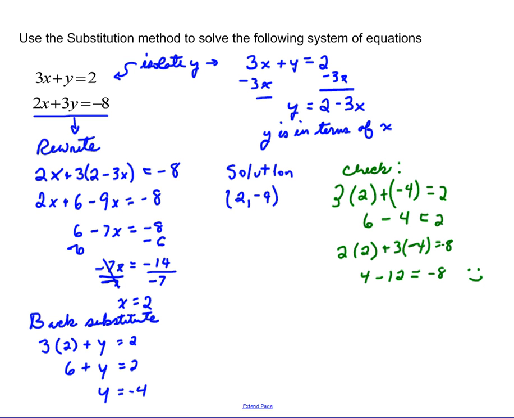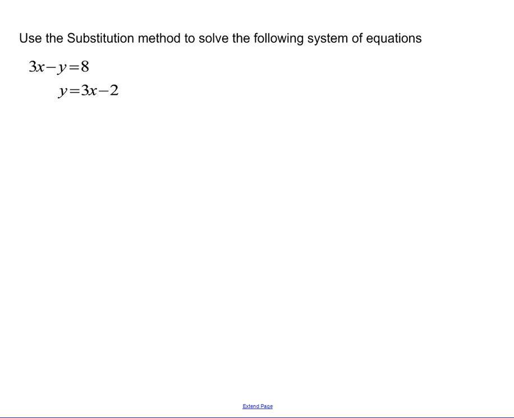Let's try one more. Let's use the substitution method to solve this system of equations. This time we've got 3x minus y equals 8 and y equals 3x minus 2. Well, if you didn't already observe, y is already in terms of x in the second equation, so all we really have to do is just take our rewrite step immediately.